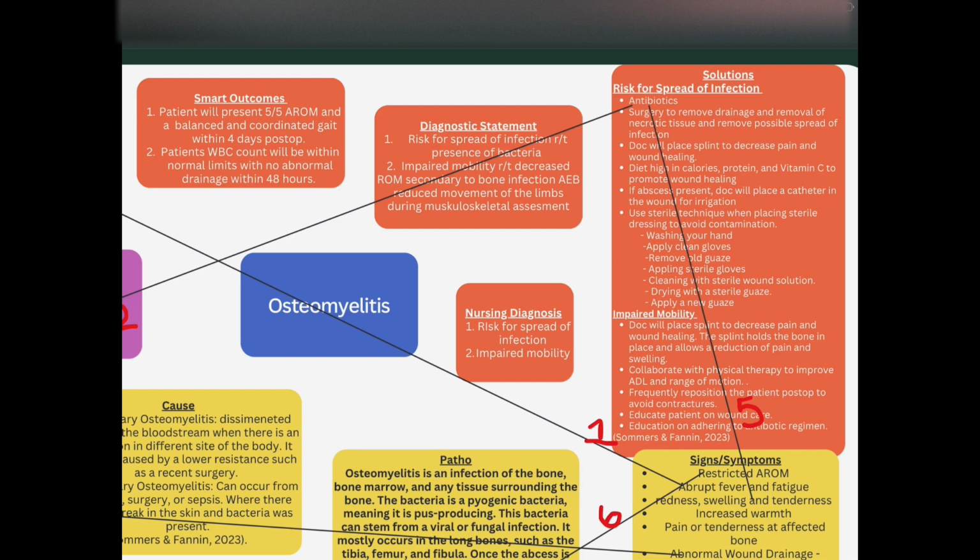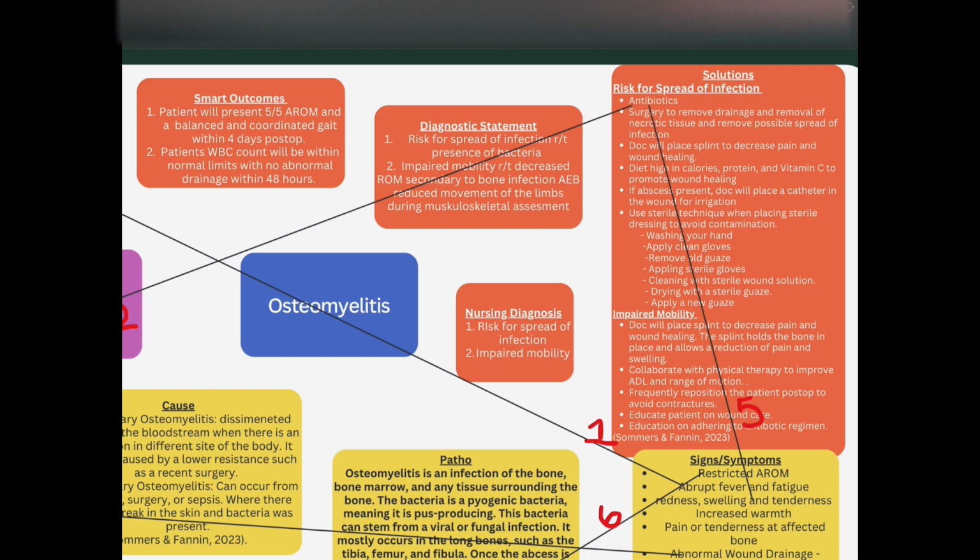Some solutions for the risk for the spread of infection: the antibiotics, a lot of the ones that we just went over previously. We're gonna have surgery to remove the drainage and the necrotic tissue and that possible spread of infection.